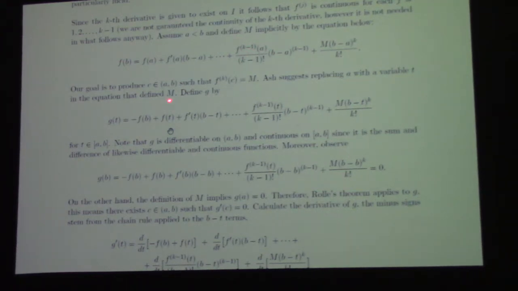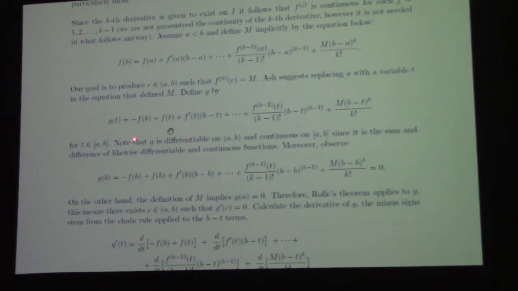And then I introduce a new function, g of t, which is basically the Taylor polynomial minus f of b plus this number over here.